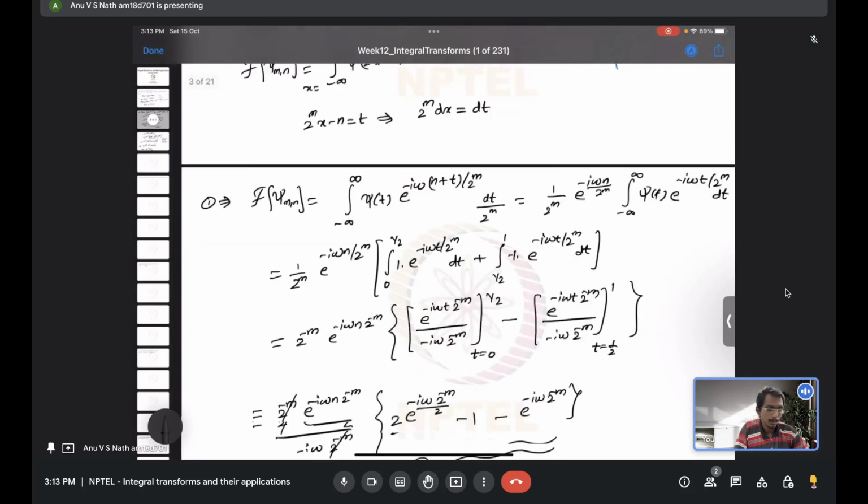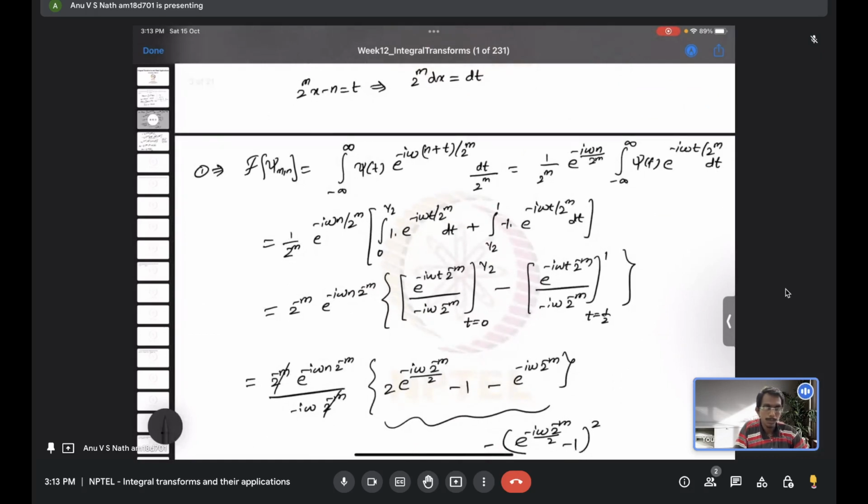Now inside the integral, psi of t only appears. For that, the relevant interval is from 0 to half and half to 1, where the function's value will be non-zero, 1 and minus 1 respectively. Outside the intervals its value will be 0. So the integral needs to be performed only on those intervals.